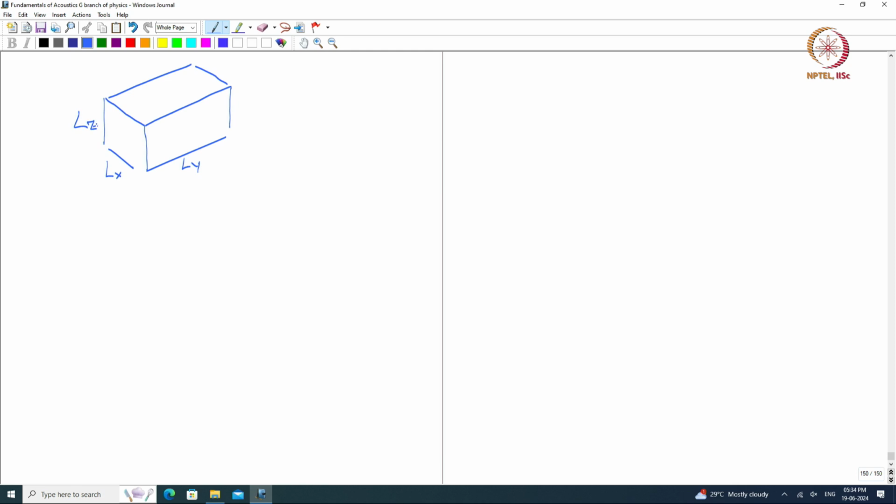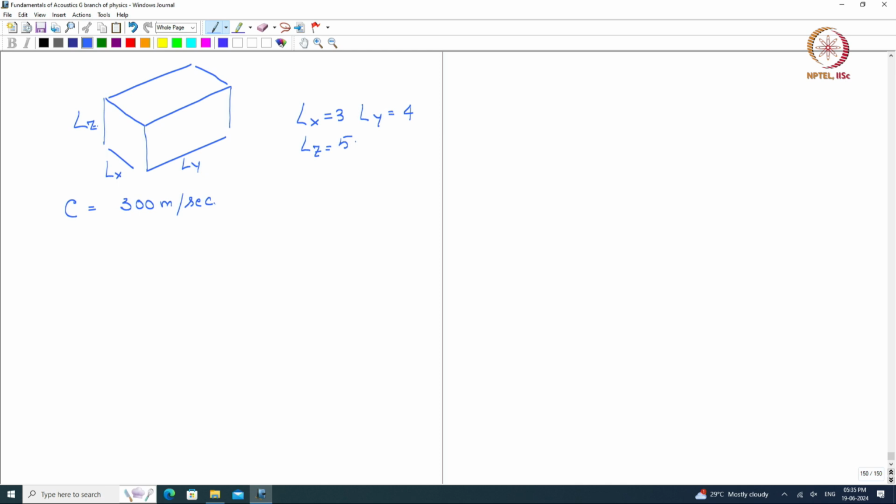I am just taking some numbers. Let me take Lx equal to 3, Ly equal to 4 and Lz equal to 5 meters. And I will take c, the speed of sound, to be 300 meters per second as a convenience.